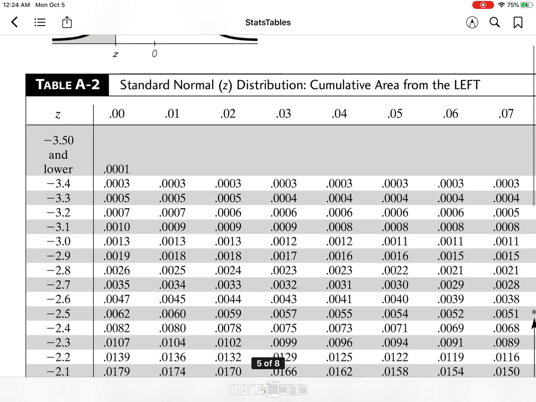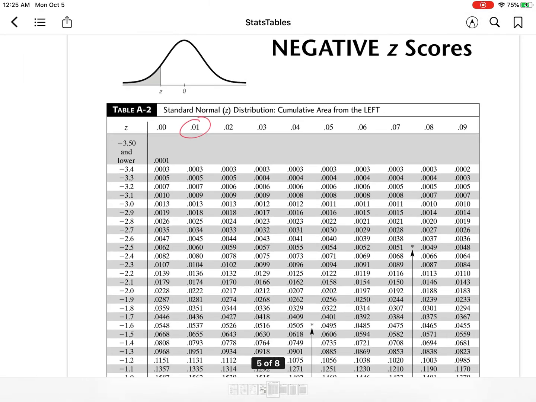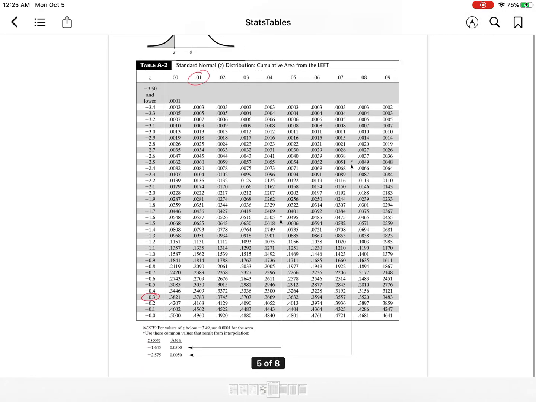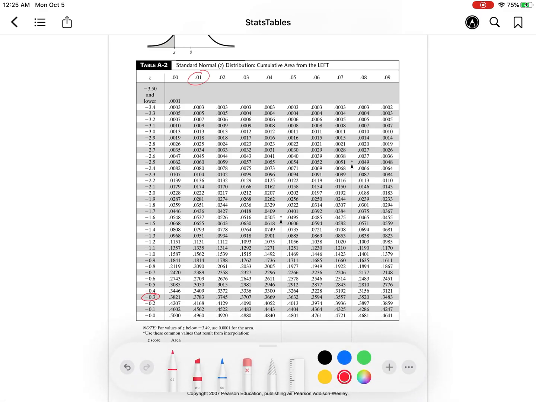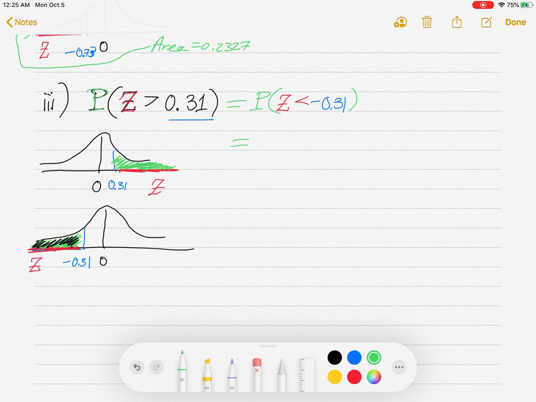So here's negative 0.3, and over the top, here's the 0.1. Let me zoom out a little bit and put these together. Negative 0.3 with the 1, you get an area of 0.3783.